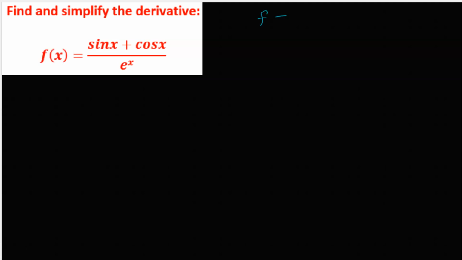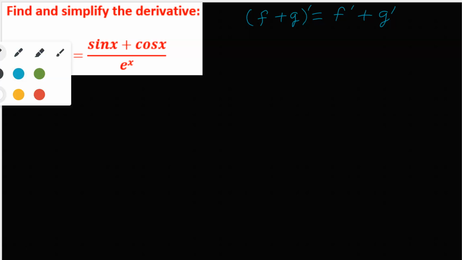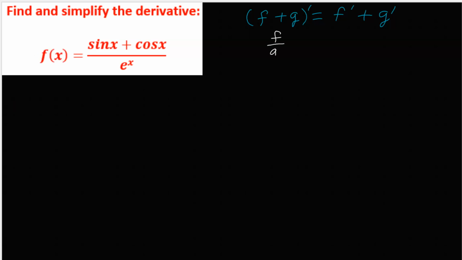Okay, so what do we know about these derivative rules so far? We know that the derivative of a sum is just going to be the sum of the derivatives. And we also know that the derivative of a quotient is not the quotient of the derivatives. Rather, it has a complicated expression.